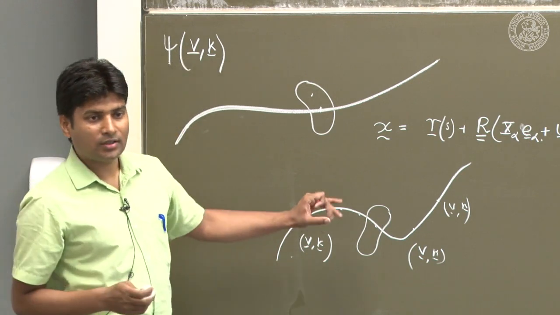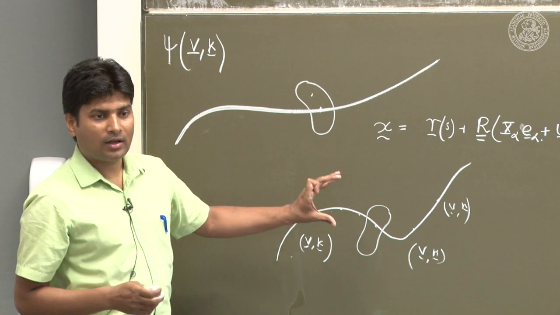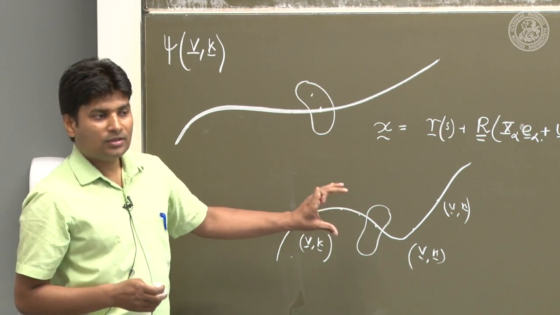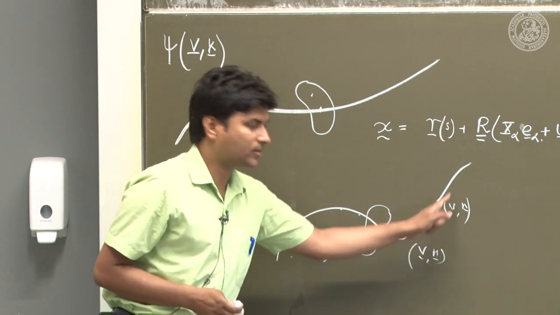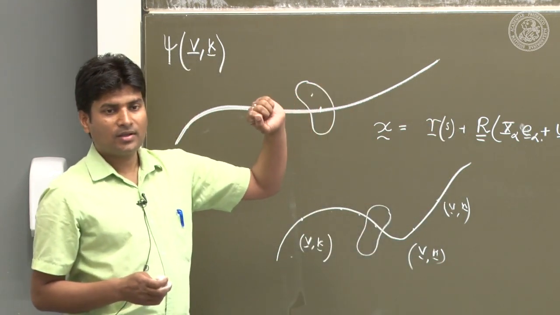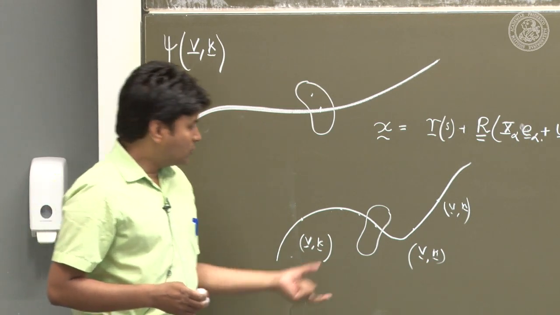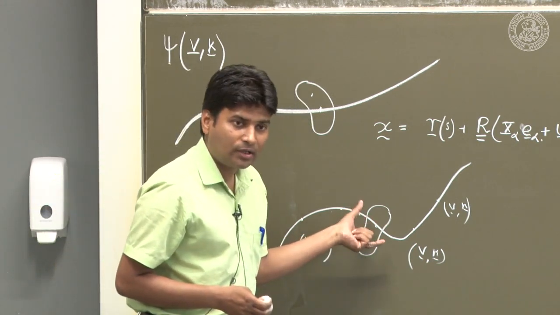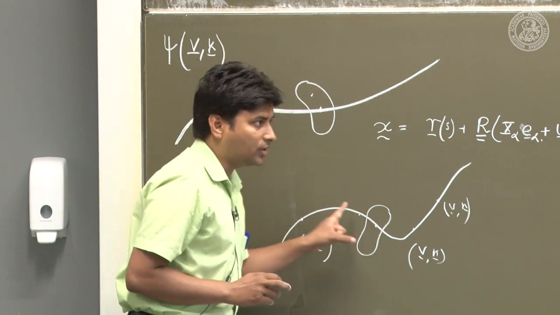So, its cross section will be allowed to relax completely, subject to the constraint that it has same V and K everywhere. Okay? So, we are letting the cross section relax, we are letting it warp. Only constraint is that it has to have same V and K.